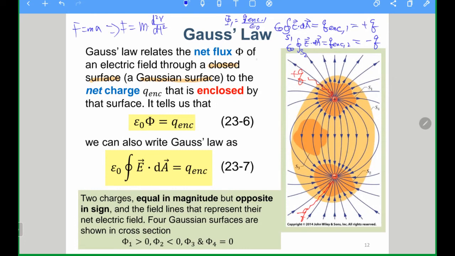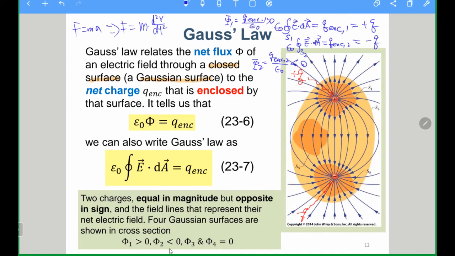Similarly, phi 2 equals Q enclosed 2 over epsilon naught. Here Q enclosed 2 is negative Q, so this is a negative value over a positive value, which is negative. So we can also conclude that phi 2 is a negative number.